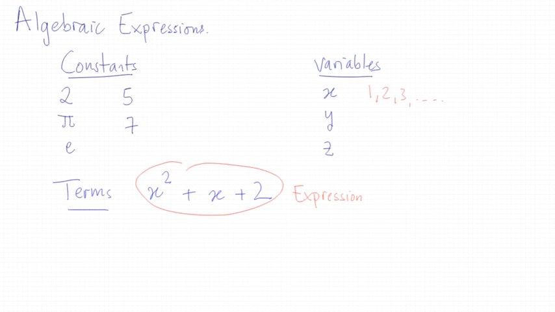And let's write another expression. We could have, for example, 2x squared plus 3x minus 2y plus 3. That's another algebraic expression, and there are a number of so-called coefficients.